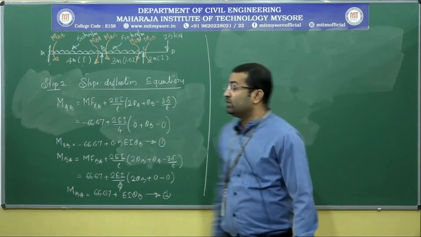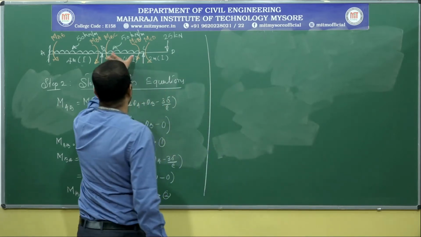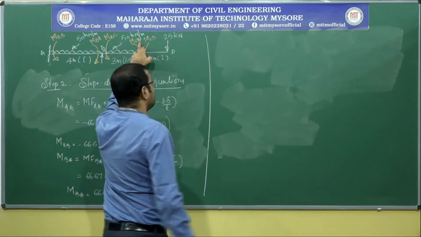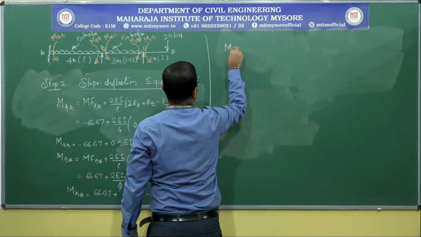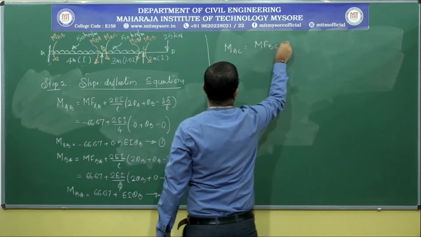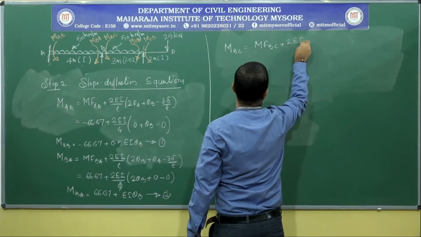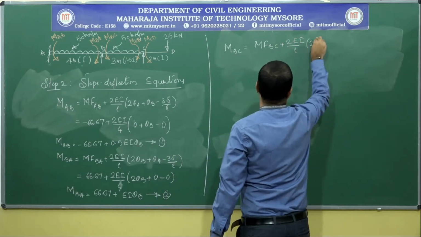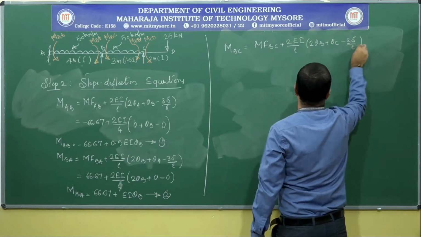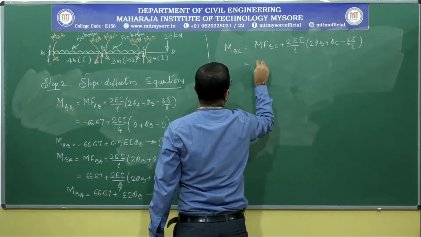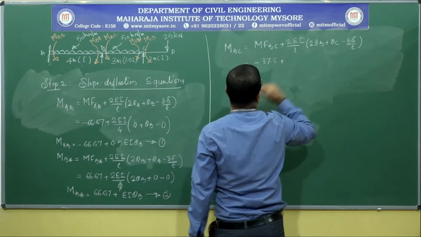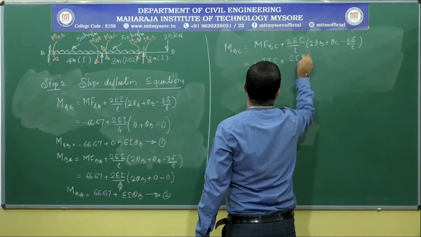Similarly, we need to write two more slope deflection equations for the span BC, that is to determine MBC and MCB. Now, MBC is equals to MFBC plus 2 EI by L into 2 theta B plus theta C minus 3 delta by L. So, as per our calculation, the value of MFBC is minus 37.5 plus 2E into I value.